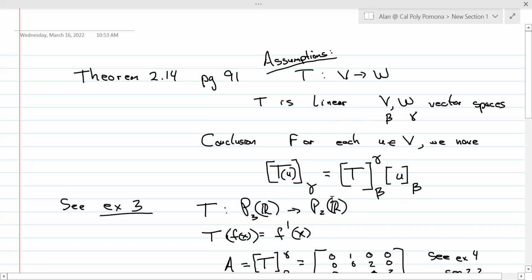So this is saying basically transformations work like multiplying a matrix times a vector, giving you a vector. That's the content of this.